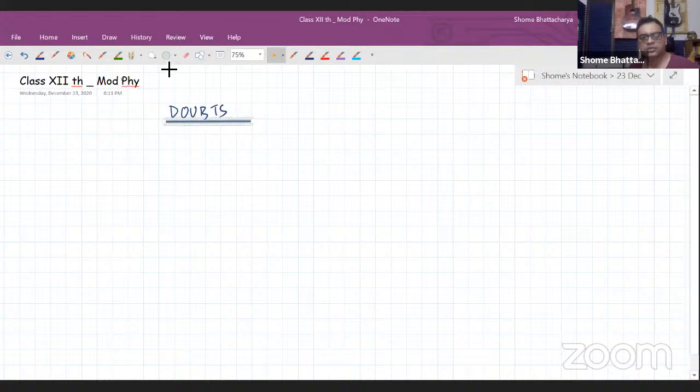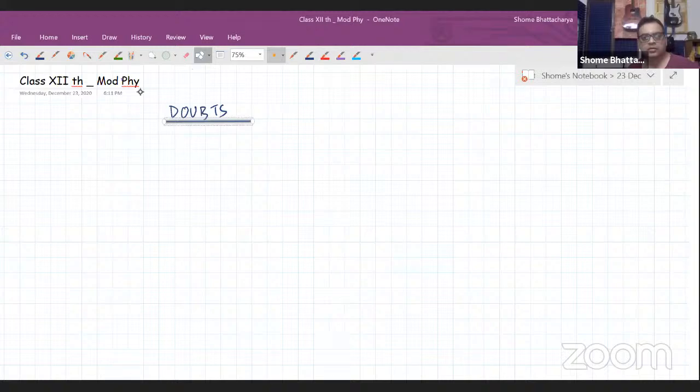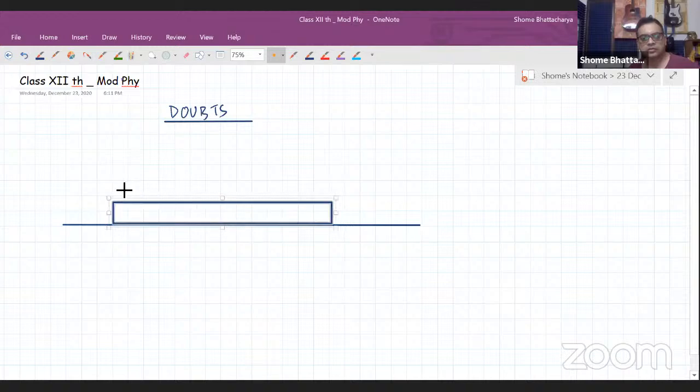So this particular question is like this. There's basically a surface like this, which has been given a layer of viscous liquid.